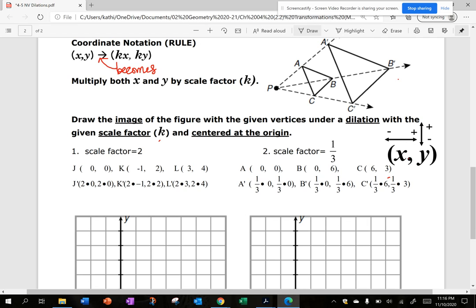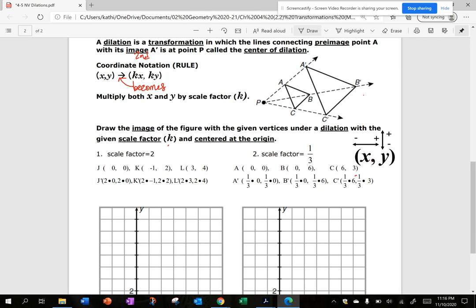All right, so let's draw the image of the figure with the given vertices under a dilation with the scale factor k and at the center of the origin.